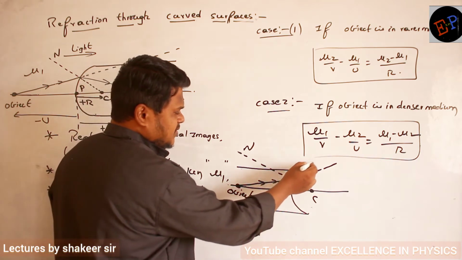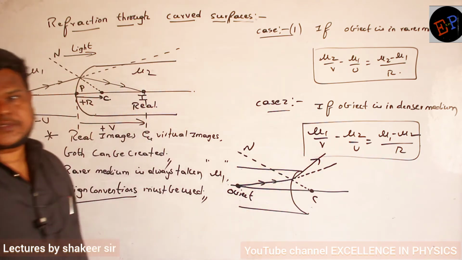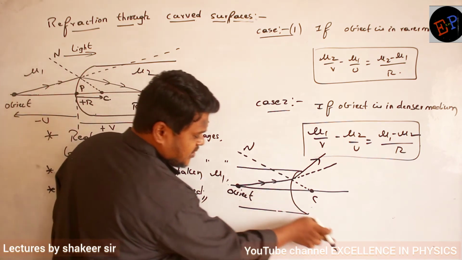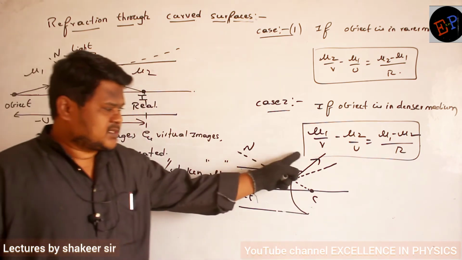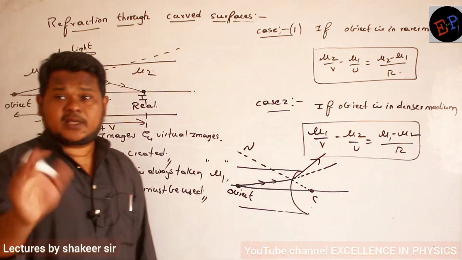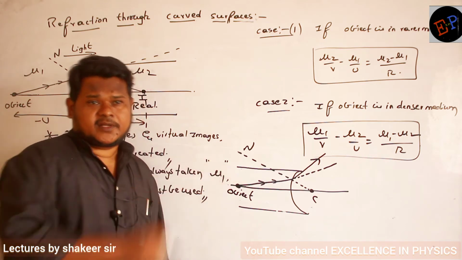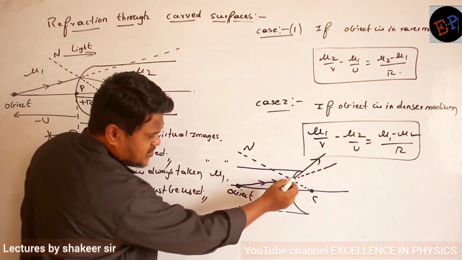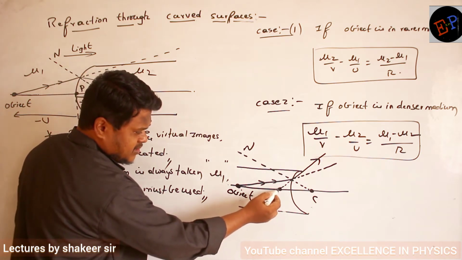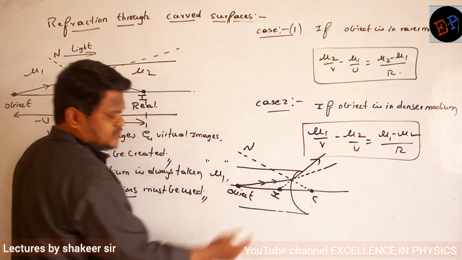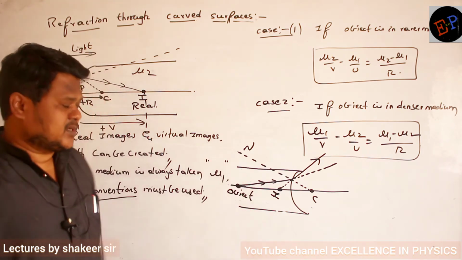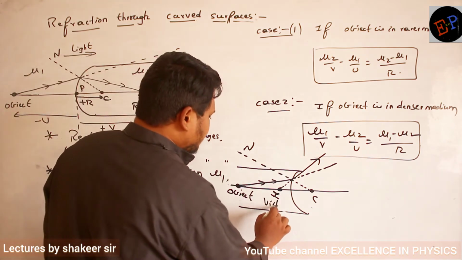So it starts moving like this. Similarly, from here also, if you draw one more light ray, again it will bend away from the normal. Will these light rays meet with each other? They will never meet. So real image cannot be created in this condition. So what I do? Extend these light rays backwards. If I extend the light rays backwards, here image will be created. And what kind of image is this, real image or virtual image? It is a virtual image.